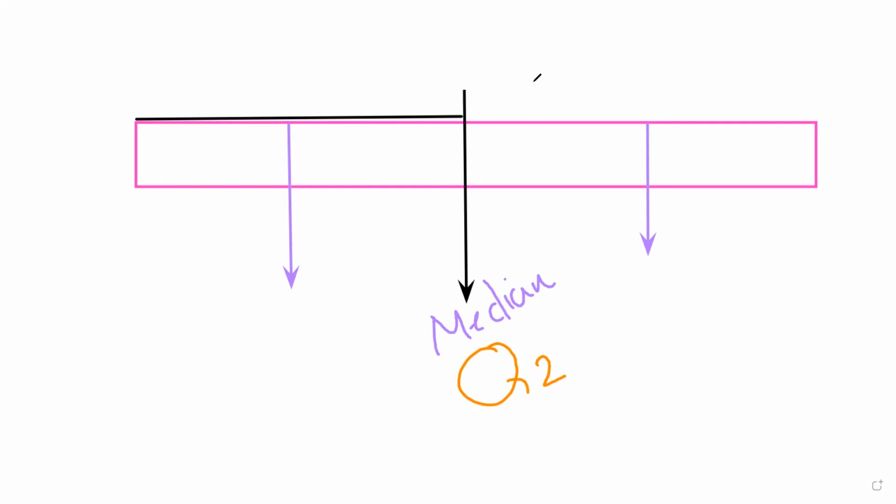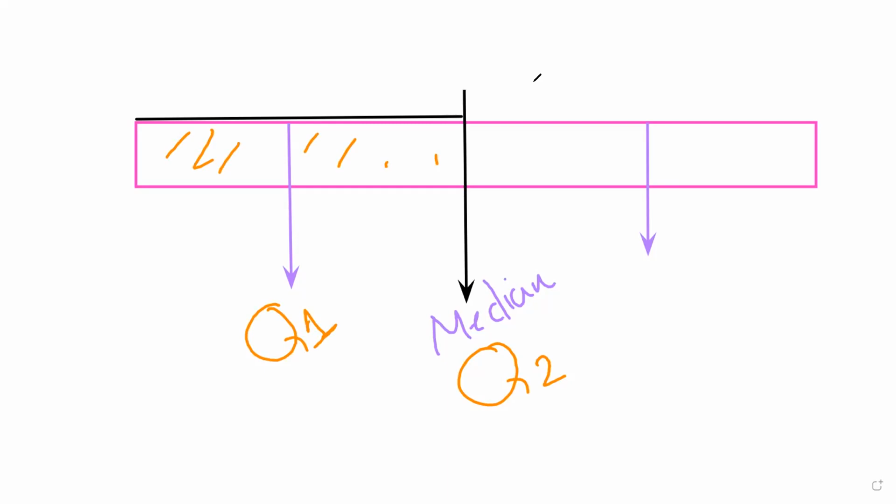And then when we cut the first half into 2, this median of the first half, we call it Q1. I have this bar only, and I want to find where I can cut it into 2 equal halves. The point where we cut it into 2 equal halves, we call the median of the first part, and name it Q1.